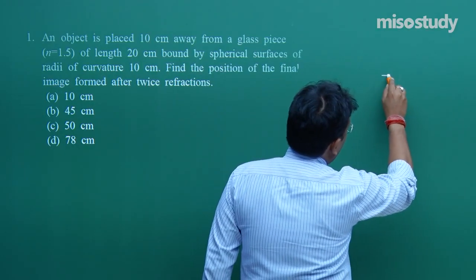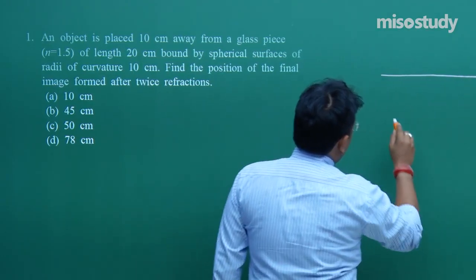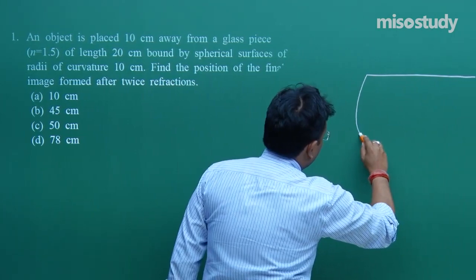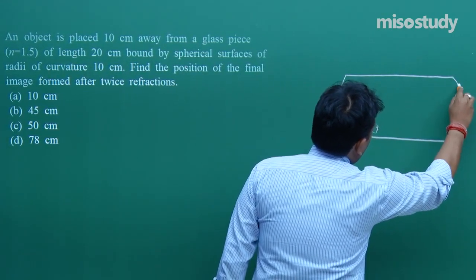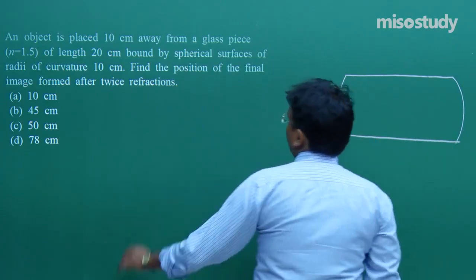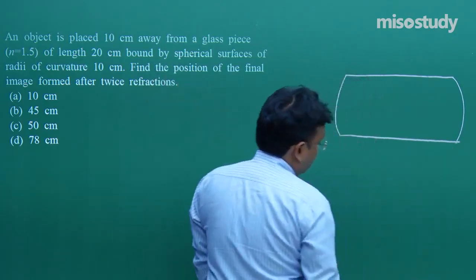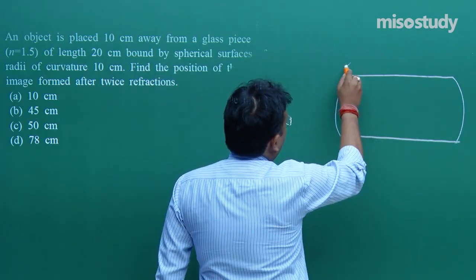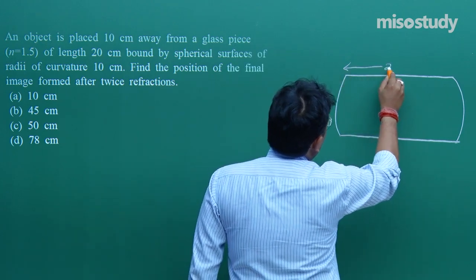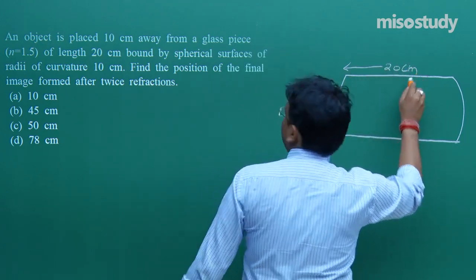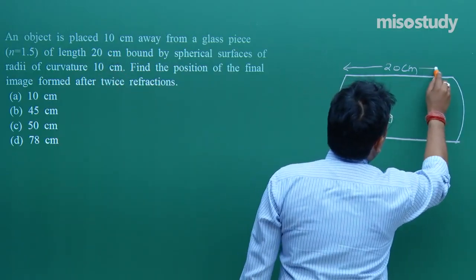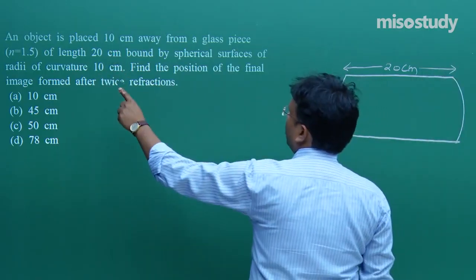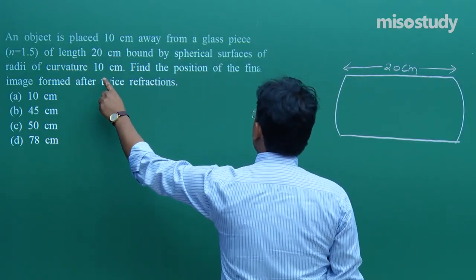First, fine. That is this way and in this fashion. Fine. So now the first line has been drawn and this entire length is 20 centimeter as it is given over here, from this point to this point, and radius of curvature 10 centimeter.